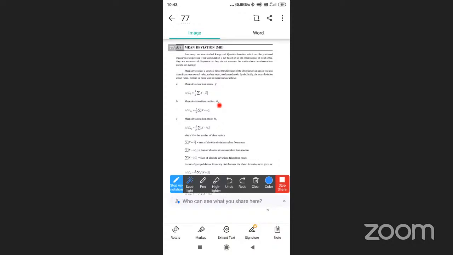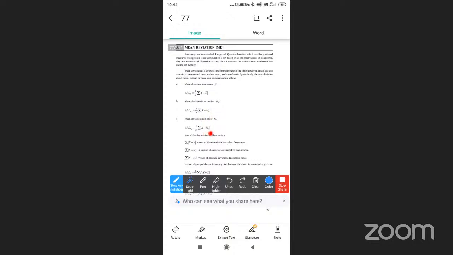Mean deviation from mean, MD about x bar, is equal to 1 by small n, sigma modulus x minus x bar. Here it is given as capital N, but you should write small n. Mean deviation about median is equal to 1 by small n, sigma modulus x minus median.